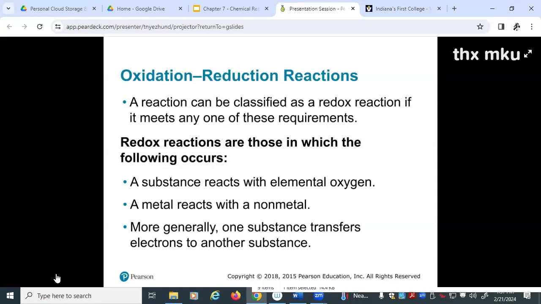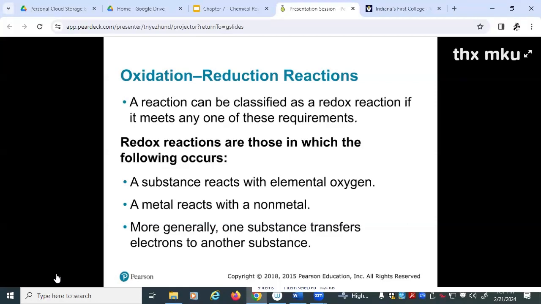Now, I should be able to recognize that it's going to be one of two processes. It's either going to be a combustion reaction, where I've got some sort of hydrocarbon reacting with oxygen to make carbon dioxide and water, or usually it's a synthesis, a combination reaction where like a metal and oxygen come together to make a metallic oxide, or sulfur and oxygen come together to make sulfur dioxide, or something along those lines.